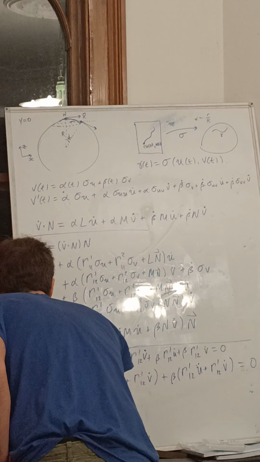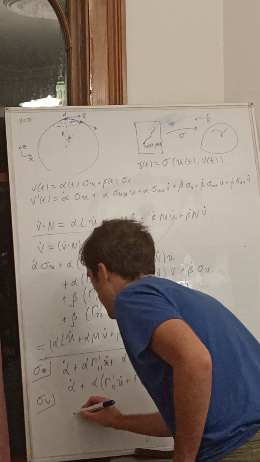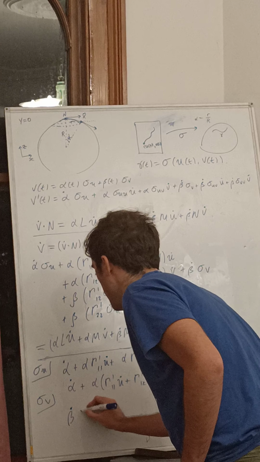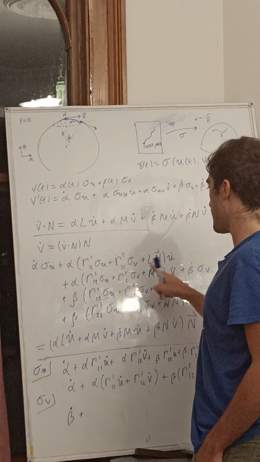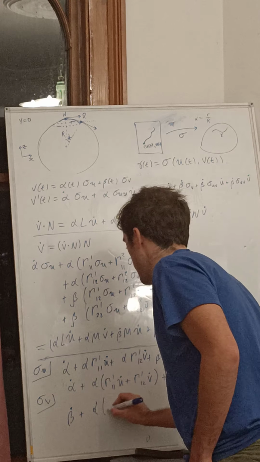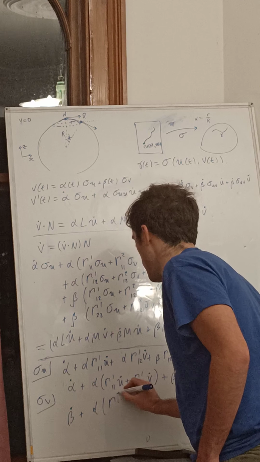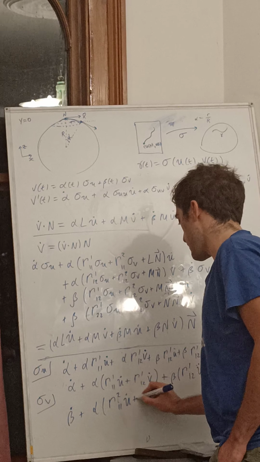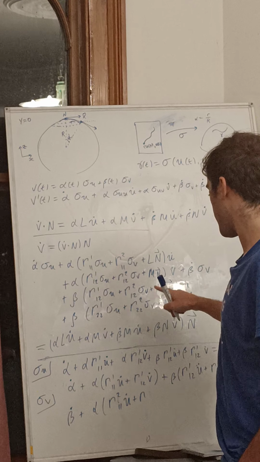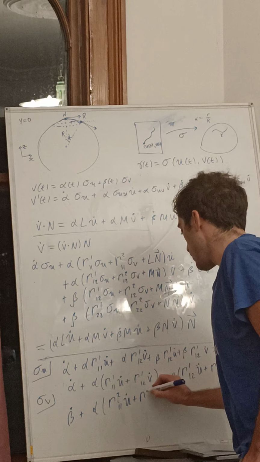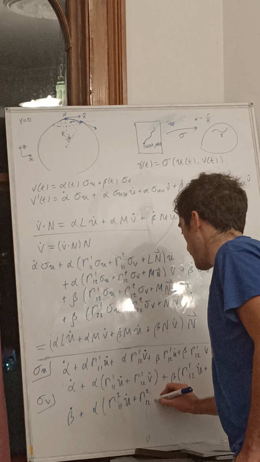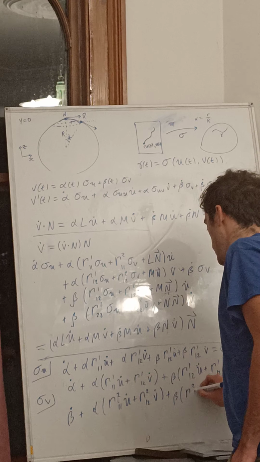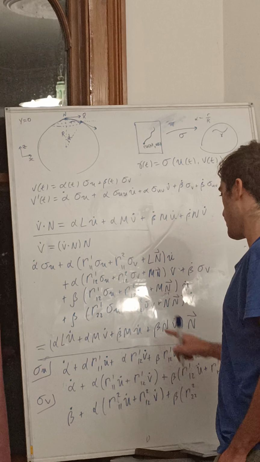And then if I equate sigma v, I get beta dot plus, and then sigma v here, so that's alpha into gamma 2, 1, 1 times u dot plus gamma 2, 1, 2 v dot plus beta into gamma 2, 2, 2, right?